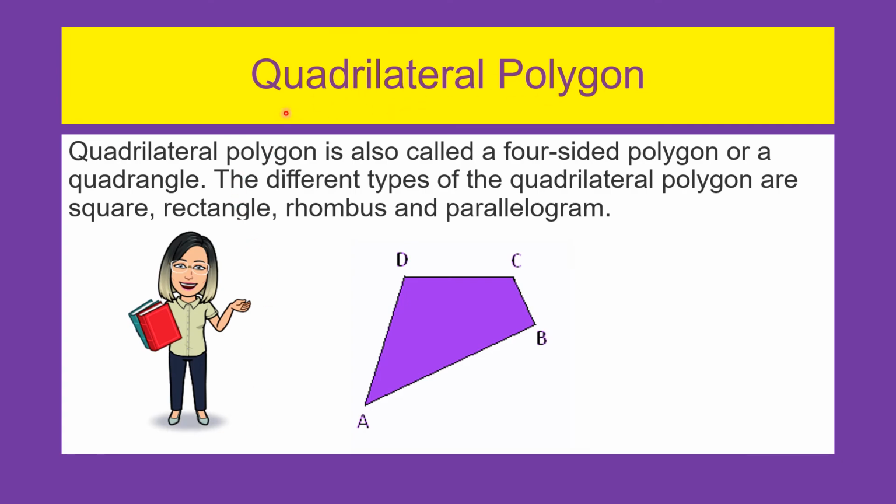Quadrilateral polygon. A quadrilateral polygon is also called a 4-sided polygon or a quadrangle. The different types of quadrilateral polygon are square, rectangle, rhombus, and parallelogram. This is a quadrilateral, a 4-sided polygon. Quadrilateral ABCD.